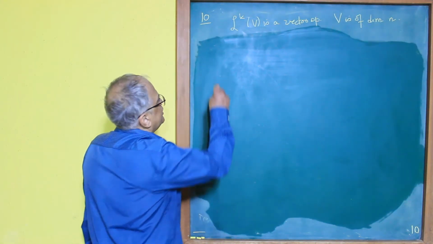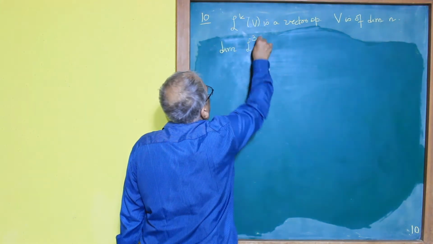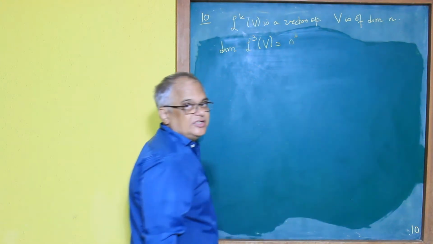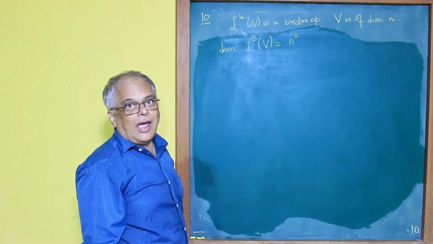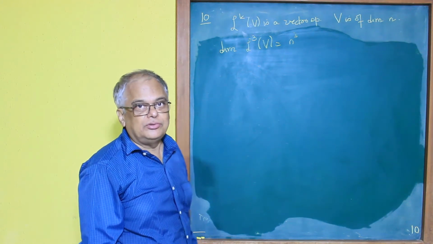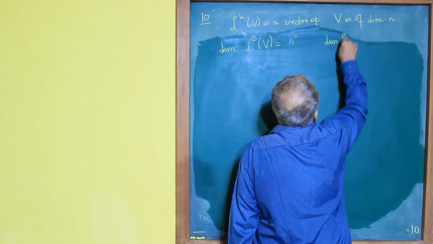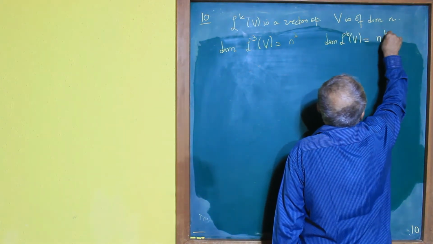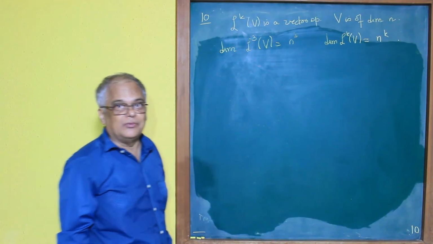So we have just seen that the dimension of L^3(V) is n to the power 3. And you should try to write down the proof that the dimension of L^k(V) is n to the power k.